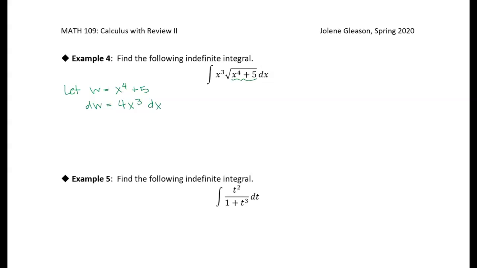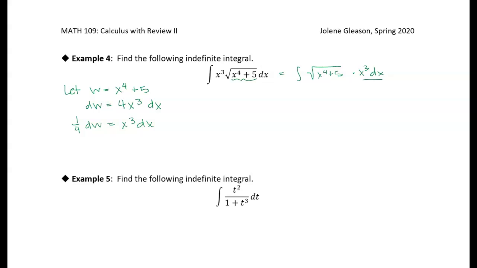You don't need to do this every time, but I want to make the point that what we have is x cubed dx, and we want to substitute that. Here we have 4x cubed dx, so divide by 4 and we get 1/4 dw is equal to x cubed dx.